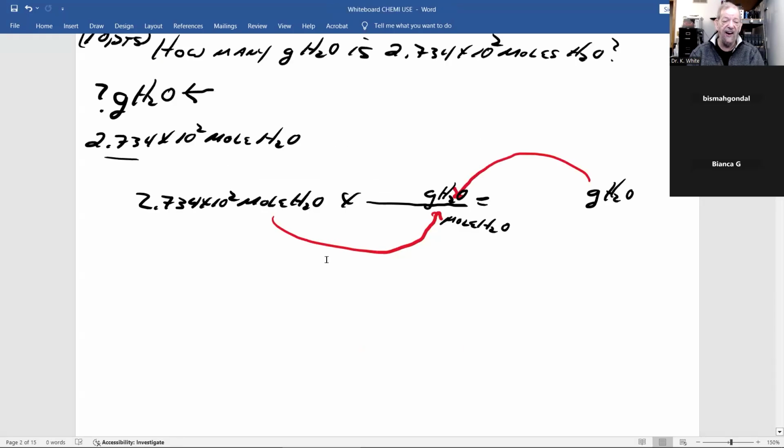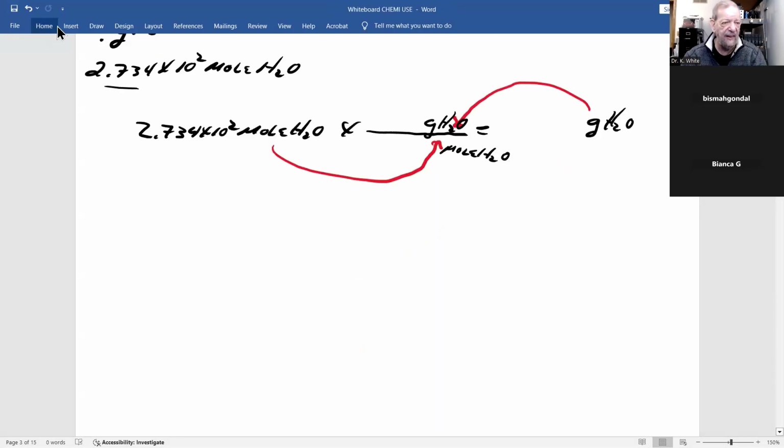So what I need to find is what's the molecular weight of water. And I'll use MW as shorthand for molecular weight. Well, it's the sum of all atomic weights. Well, there's 2 hydrogen and 1 oxygen.